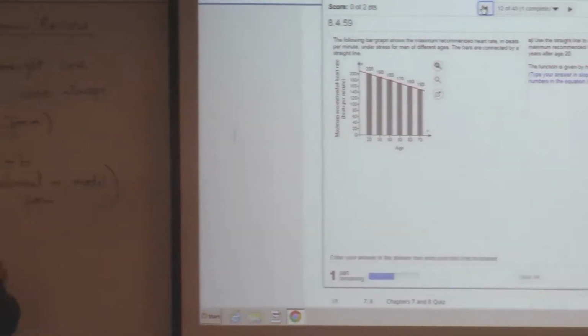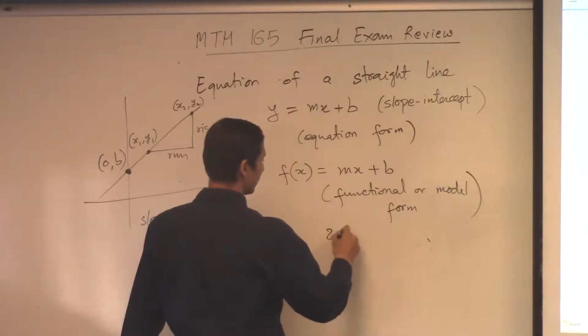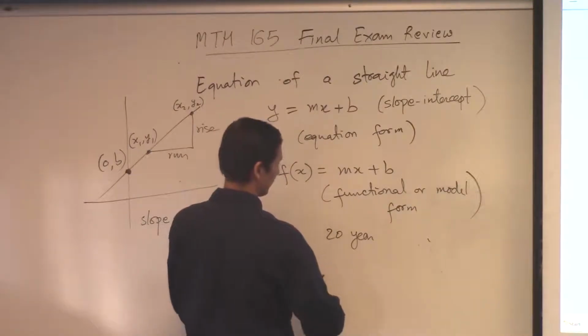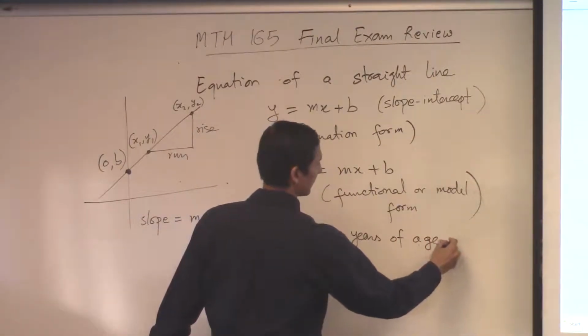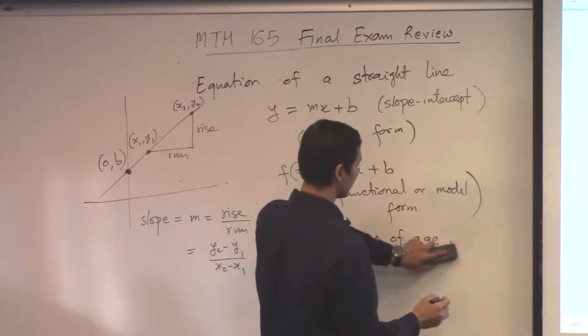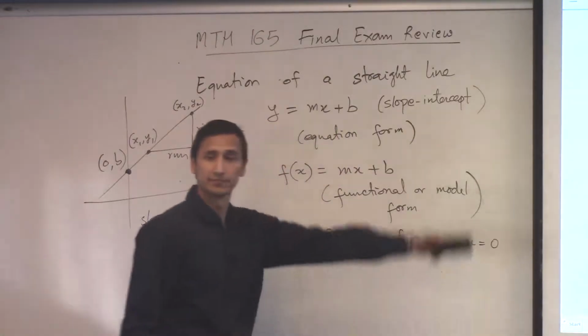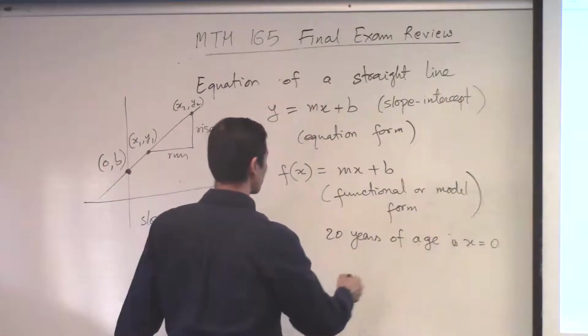So for us now, 20 years of age is the same as x equals 0, because now x represents the number of years after age 20.